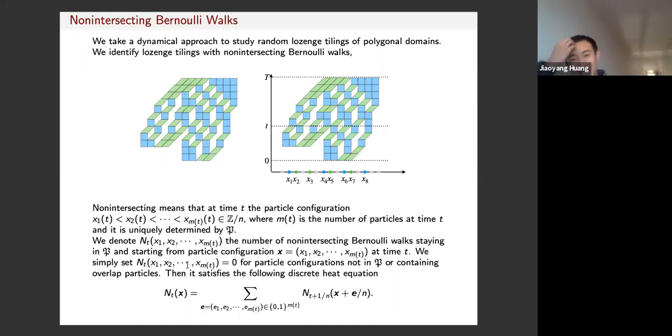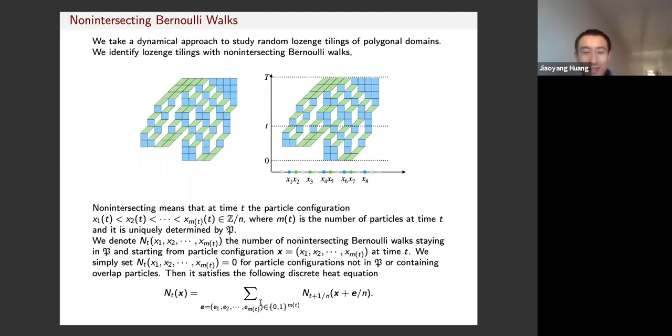Then you can get that this N_t satisfies this recursion, which is a discrete heat equation. So N_t at time t, starting from the configuration x, the number of the non-intersecting Bernoulli walks will be equal to the sum over the vector e, which is a 0,1 vector. e_i equals 1 means the ith particle jumps to the right, and if e_i equals 0, the ith particle just stays.